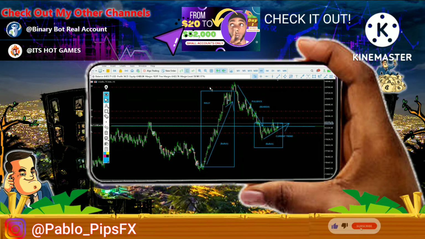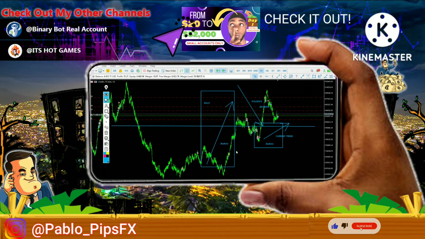Let me see if I can put that back right here. Yeah. So it's been coming back up ever since. We can zoom out and see that the original and ultimate trend has just been up, right? And we can see higher highs over to this side as well, right?